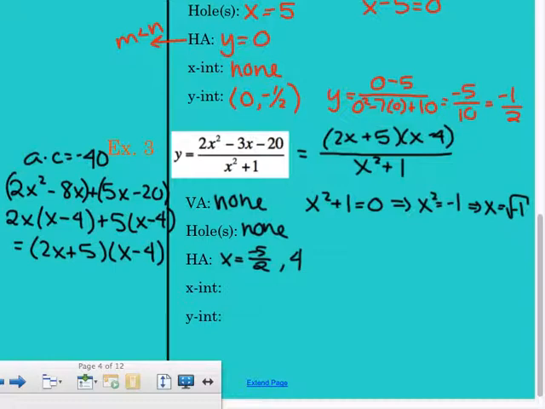When you graph this thing in your graphing calculator, it's going to look like you only have the one at x equals 4. You can actually cross the horizontal asymptote, and we'll get more into that after spring break, but that's why it doesn't look like you have two horizontal asymptotes on your graphing calculator.